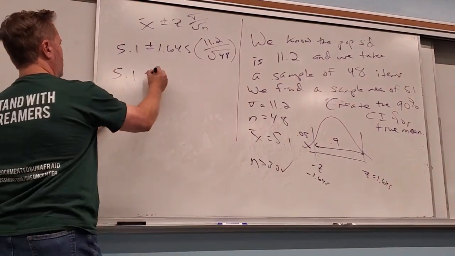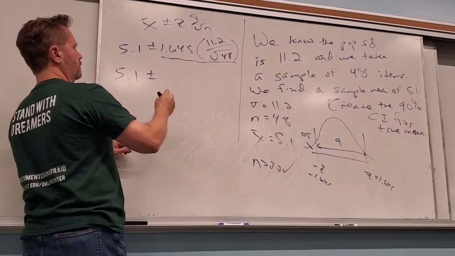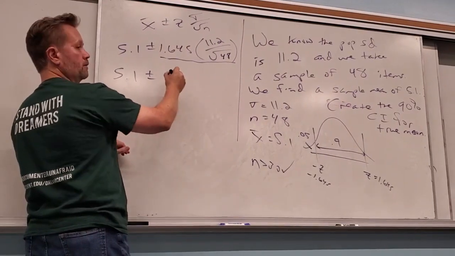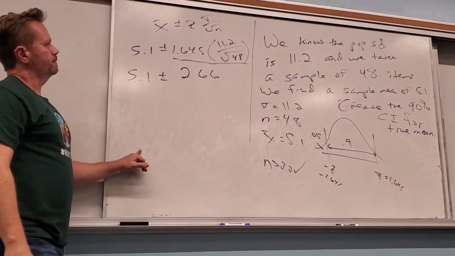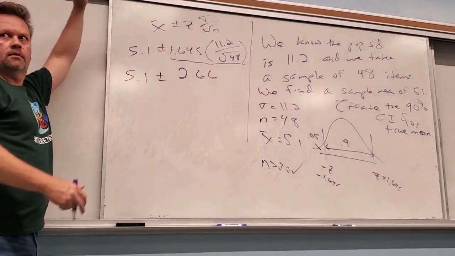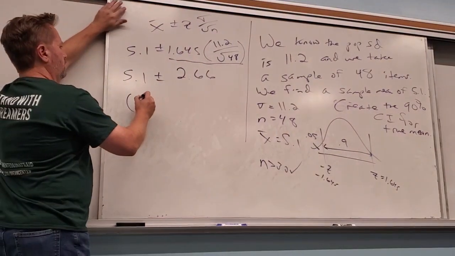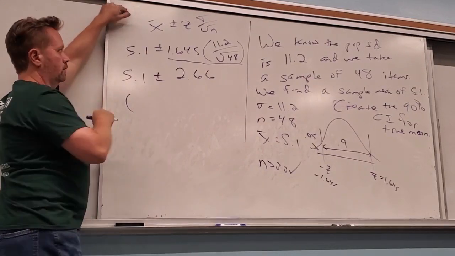So what I highly recommend is you do the error part first. 2.66, okay. And then I do 5.1 minus that, 5.1 plus that. How do you know how much to round?